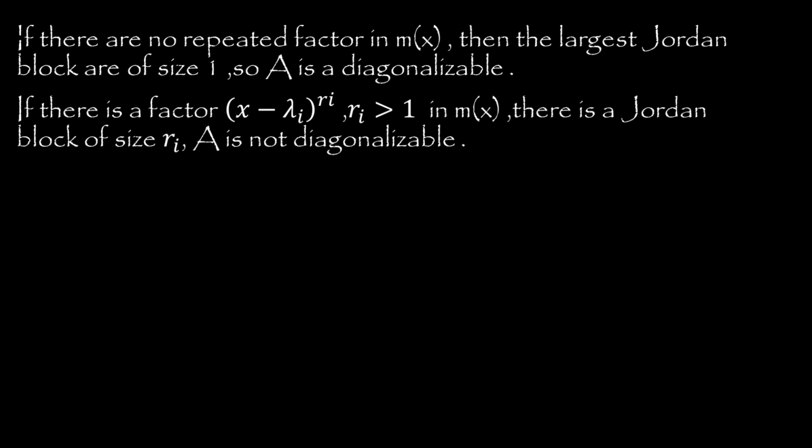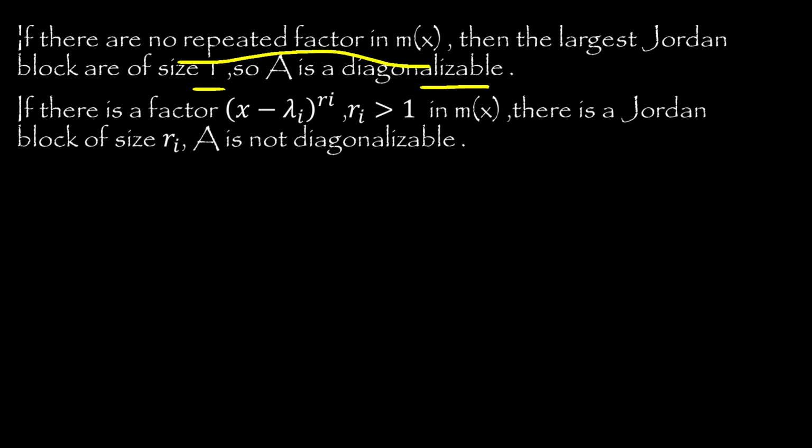Having noted that, again, if there are no repeated factors in the minimal polynomial, then the largest Jordan blocks are of size 1, and so A will be a diagonalizable matrix.